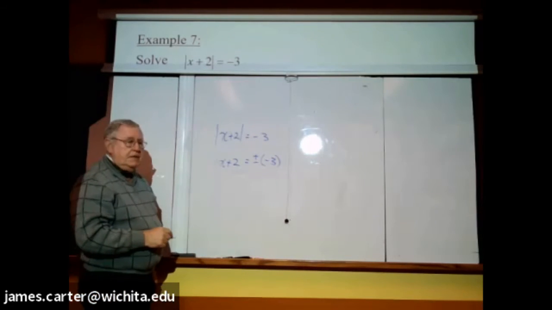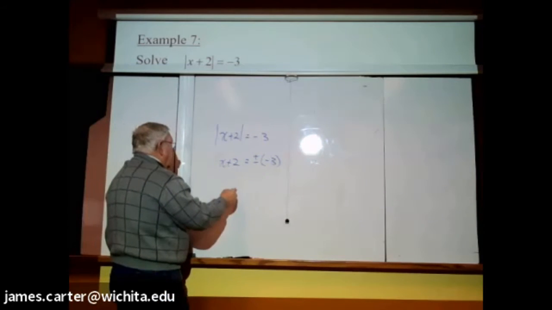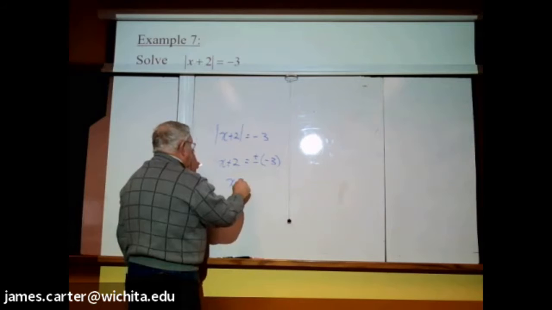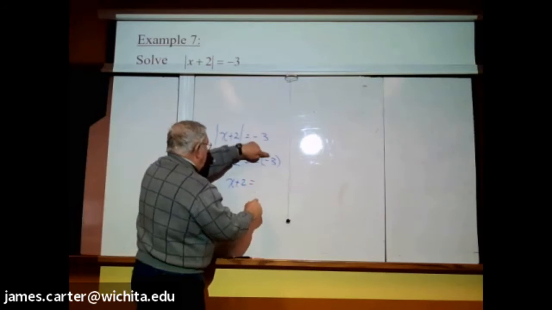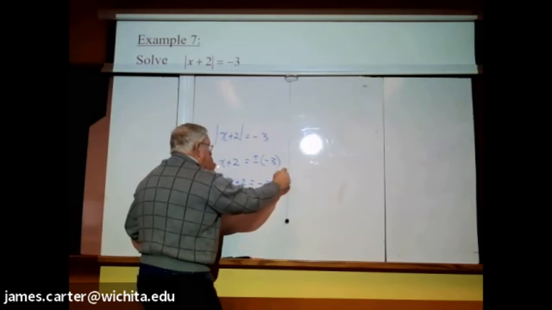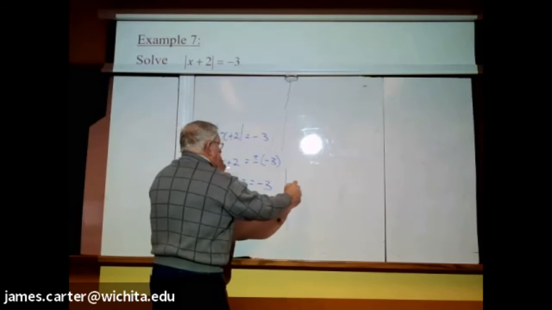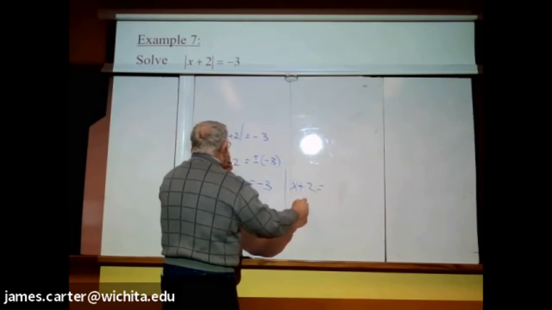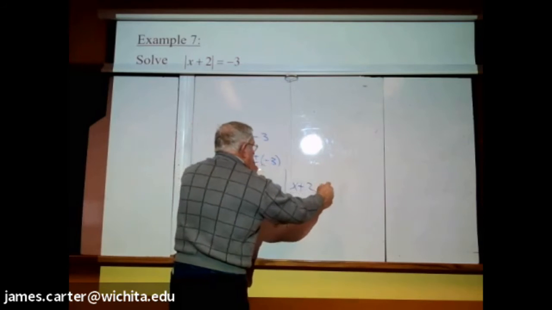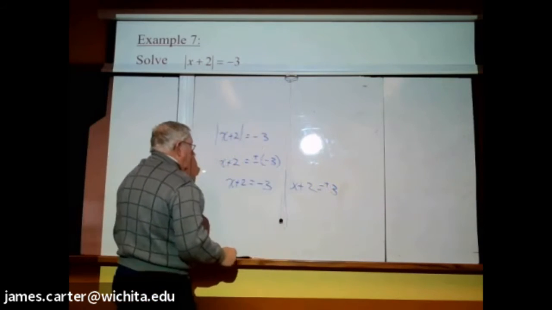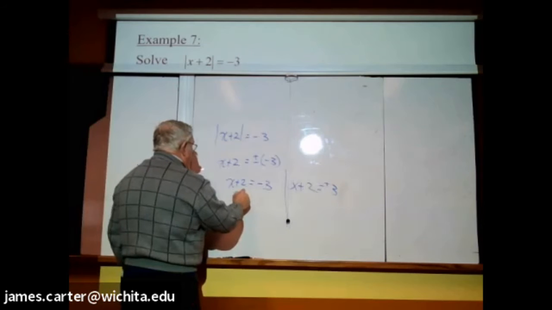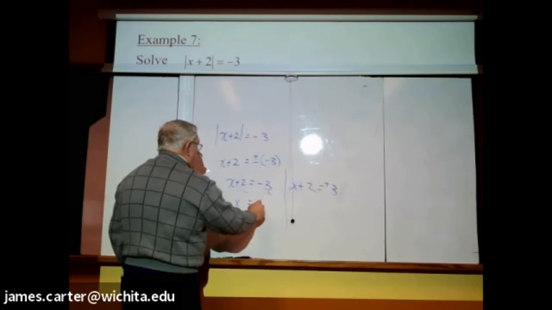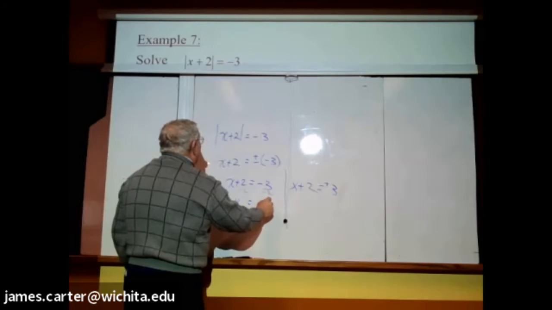Okay? Well, let's carry this thing on out. X plus 2 equals negative 3. And x plus 2 equals a positive 3. Okay? Minus 2 minus 2. X equals negative 5.